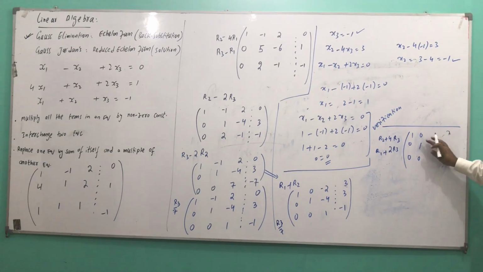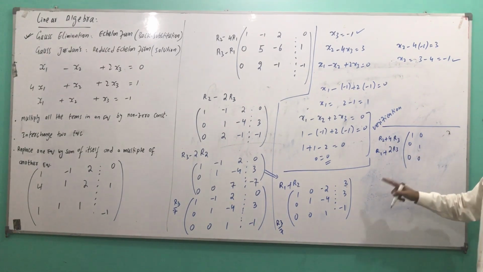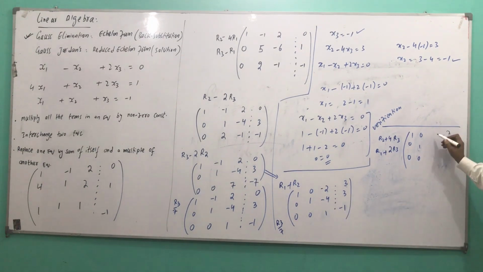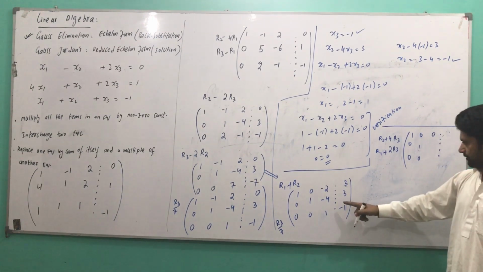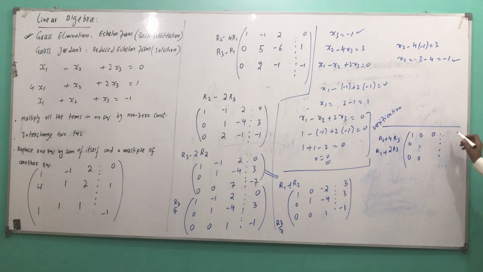And here what do you have? This is R1. So 2 times R3, 2 minus 2, 0. And here we have 3 and multiply by 2. Minus 2 plus 3 is 1.